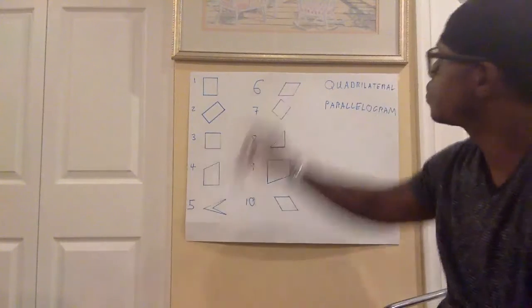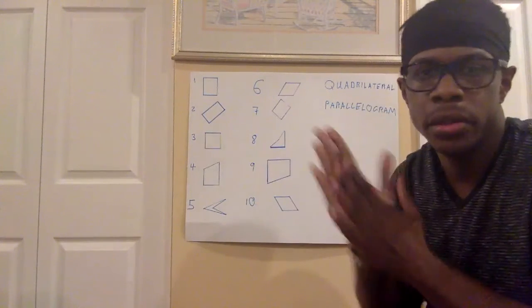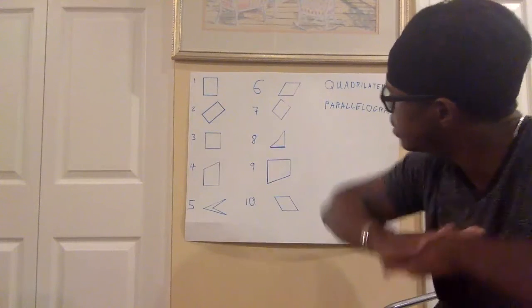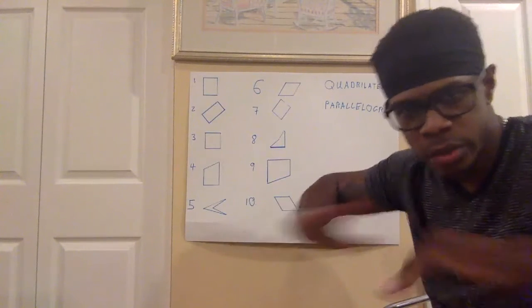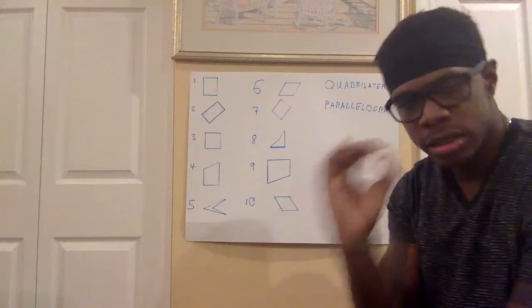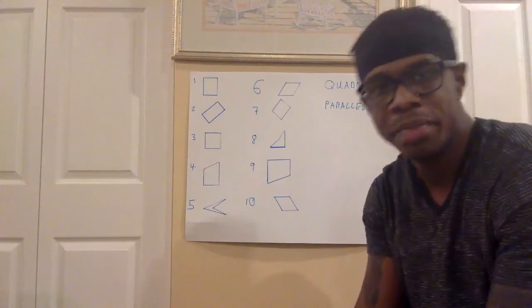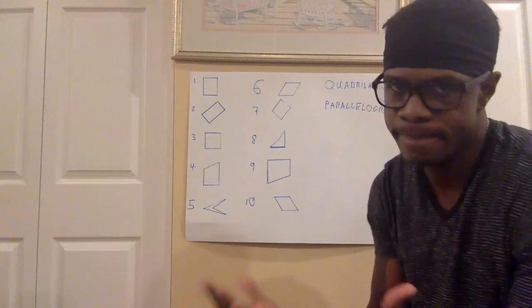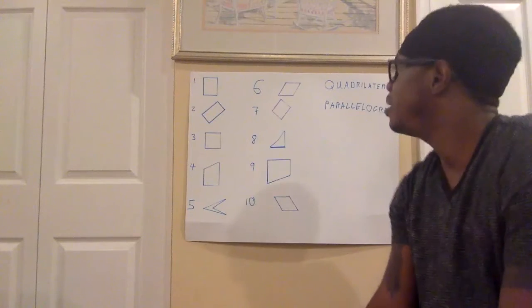Number six. How many parallel lines does it have? I say it has no pair. I want to know if I'm correct if I say there are no pairs of parallel lines, zero parallel lines, zero pairs. Would I be correct? No, I would be incorrect.